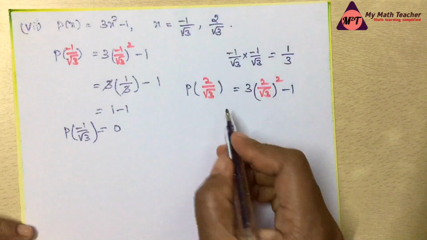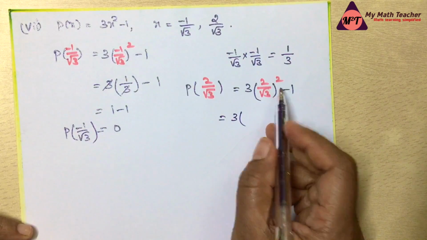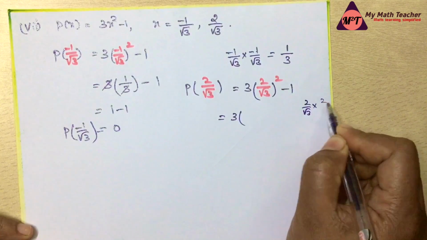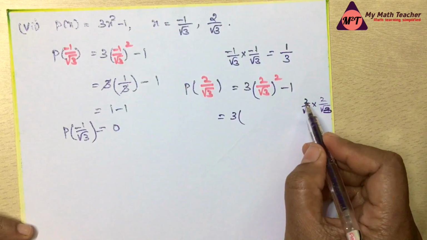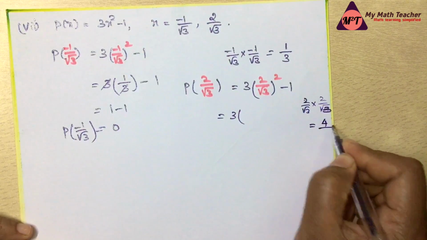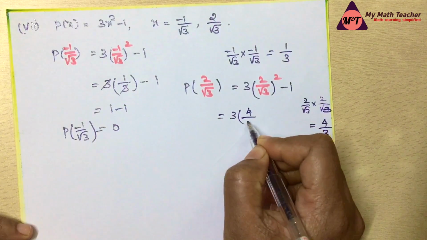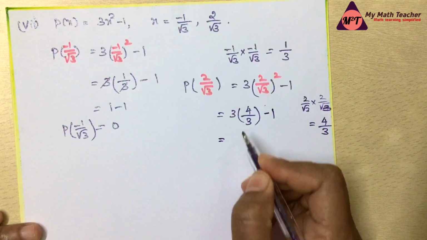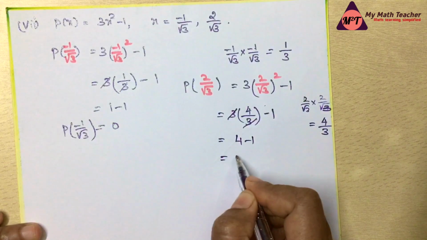Now simplify 2 by root 3 square, which is 2 by root 3 into 2 by root 3, which is equal to, multiply this, 2 2s are 4, divided by root 3 into root 3 is 3, which is 4 by 3 minus 1. Now divide 3 and 3. 4 minus 1 which is equal to 3.